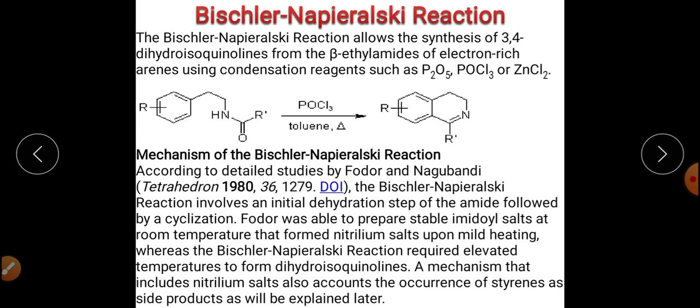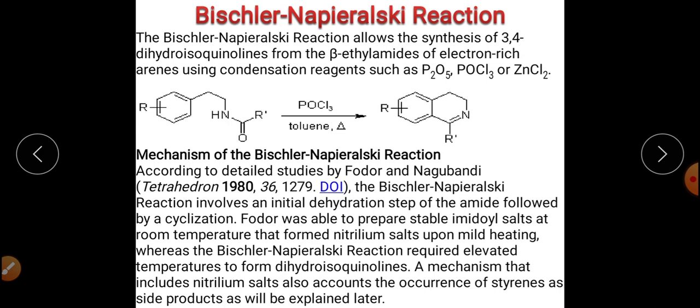dihydroisoquinolines, and these dihydroisoquinolines have been synthesized from beta-ethylamides by using condensation reagents.